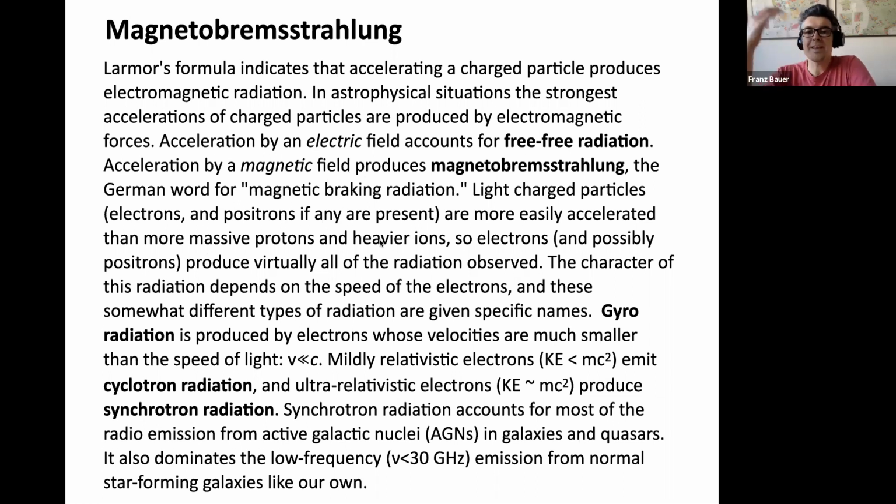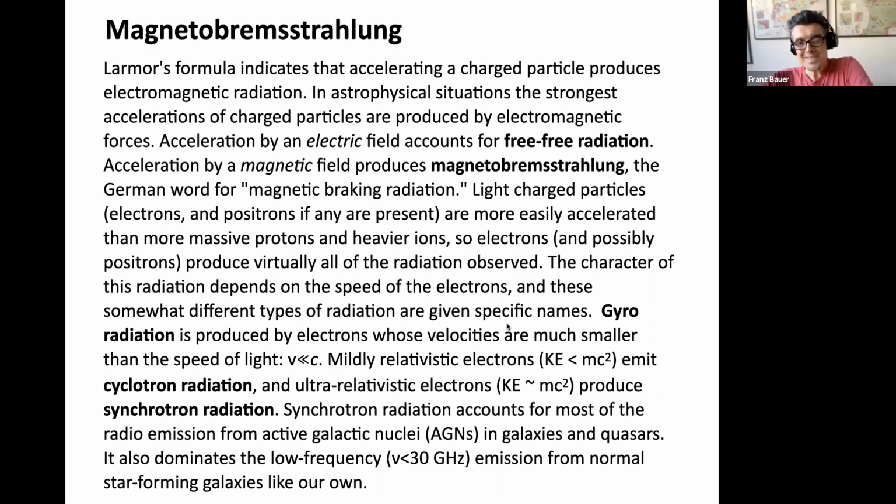And so any sort of light particles are going to be the ones that are affected, because they're more easily accelerated than protons. So electrons or positrons, if any actually exist. And so the electrons do all the work, and they're the ones doing all the radiation that we observe. So depending on the speed of the electron and the strength of the magnetic field, there are several regimes of magnetobremsstrahlung.